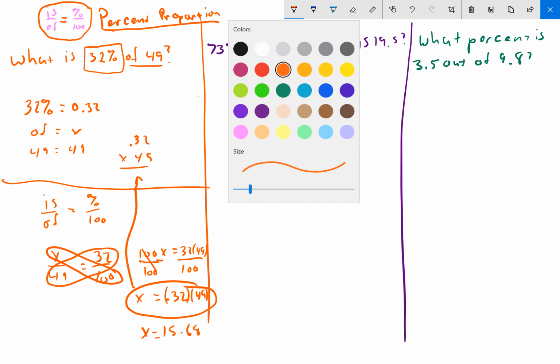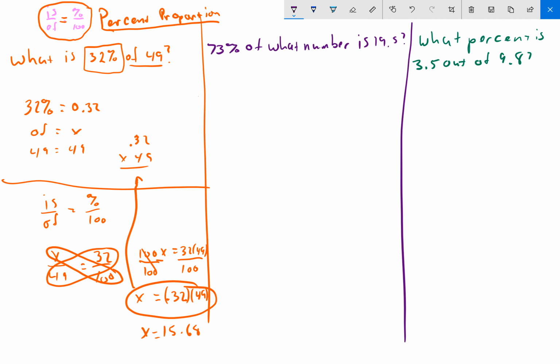Here I'm going to do 73% of what number is 19.5. Now, once again, I showed you how to do this without the percent proportion. What you could do is say, oh, well, that'd be 0.73, because that's of some number, x, is.